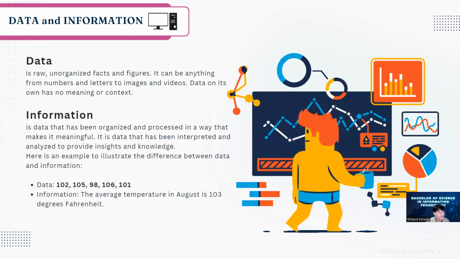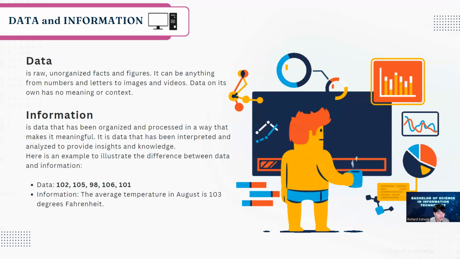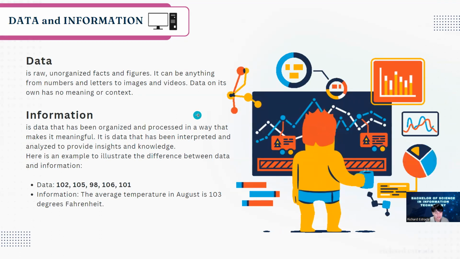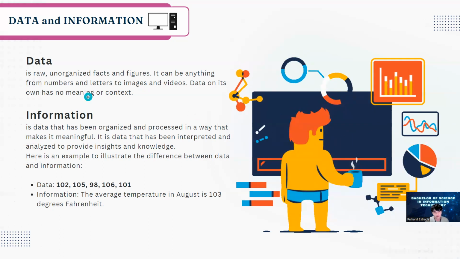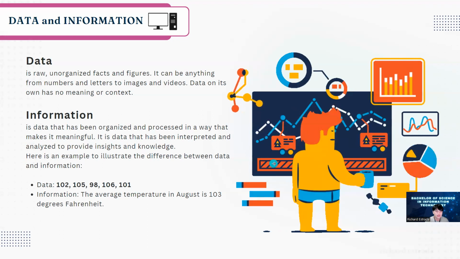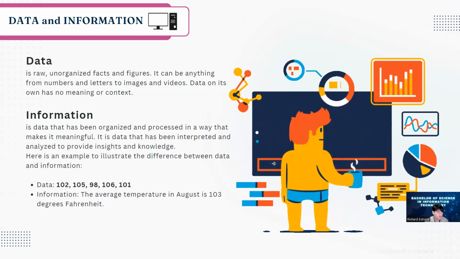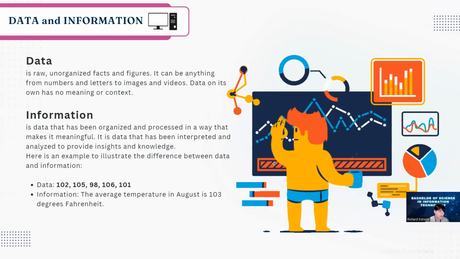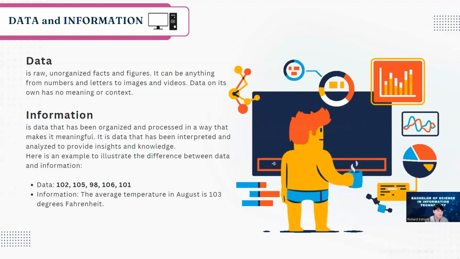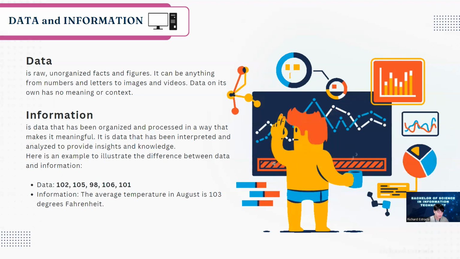If it gives information, if it is being processed, that is now the information. If it has not been processed, then it is data, raw, unorganized facts and figures. So very simple, and I think very understandable what data and information is all about. Very easy to understand this topic.